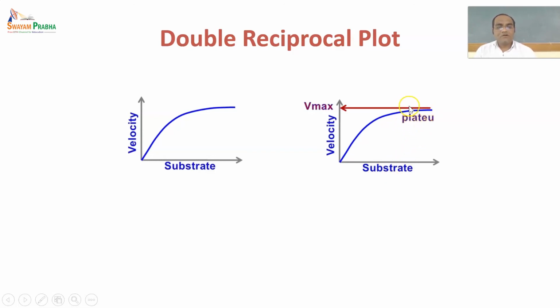The capacity, or number of enzymes available at the binding site, has finished, and as this finishes, we get a plateau, and we cannot calculate an accurate Vmax at that particular instant, because now there is a steep value. Here it is a direct relationship, but after a certain time it forms a plateau.